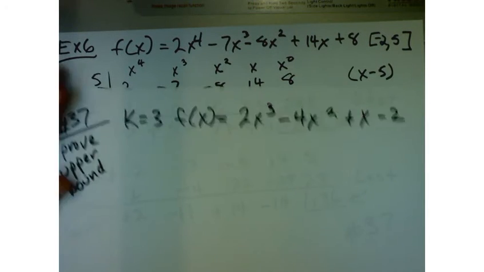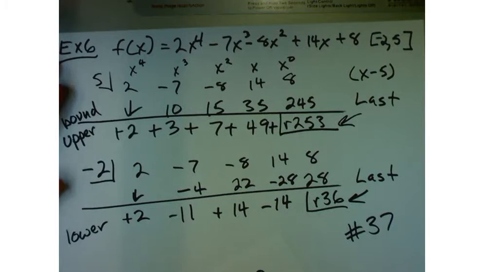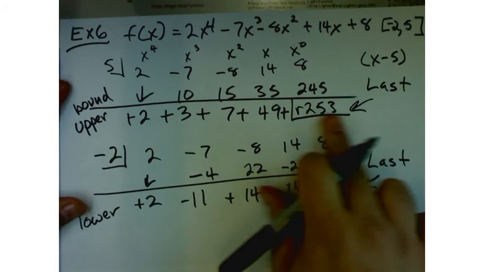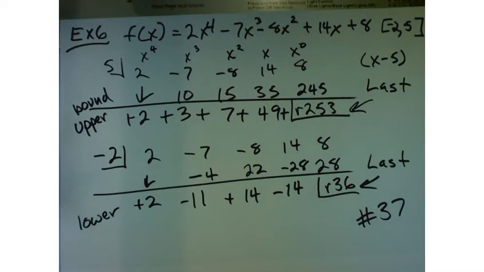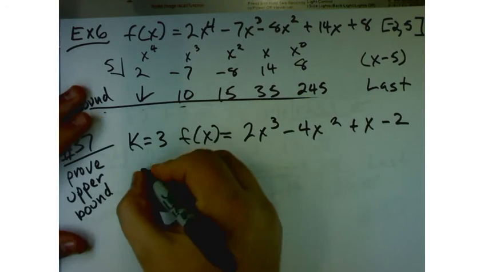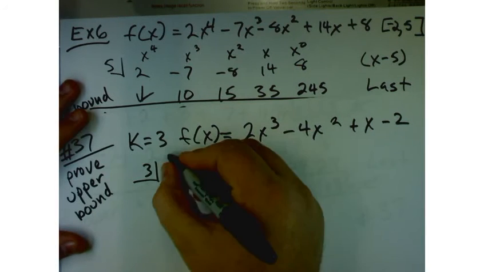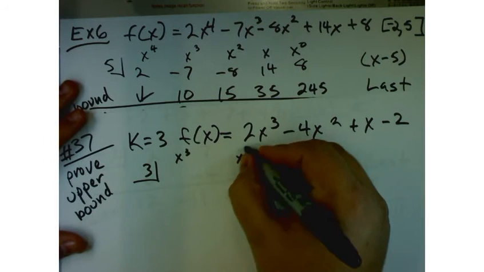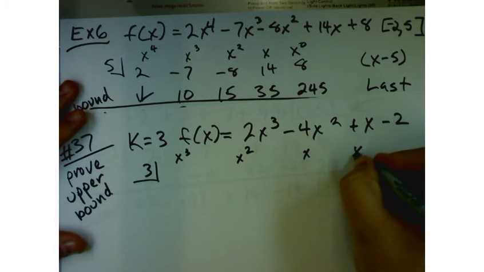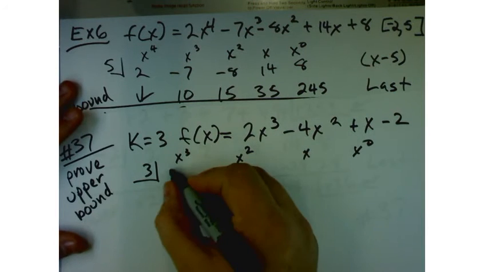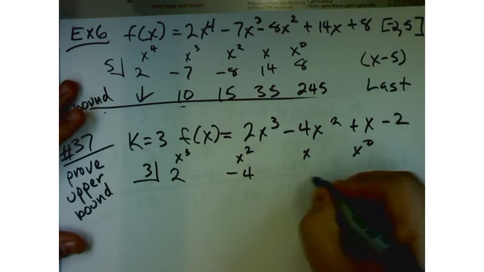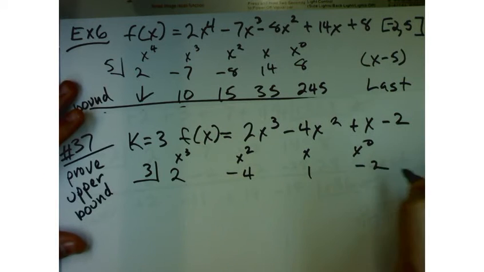So now if we look at this example, to prove the upper bound, what do we need? All positive values when we do the synthetic division. Does that make sense? I'm going to do the synthetic division, making sure that I represent x cubed, x squared, x, and then x to the 0, which is the coefficients of 2, -4, 1, and -2.